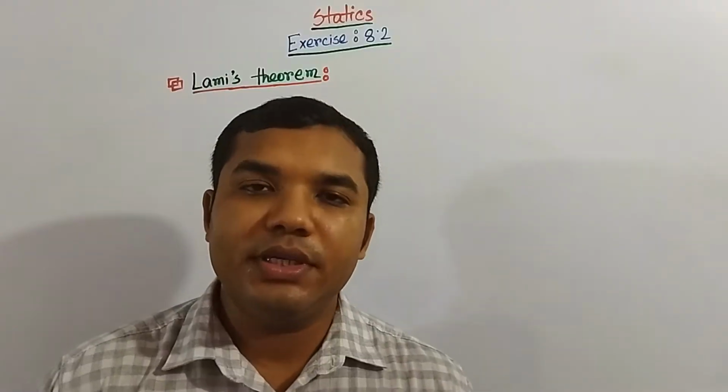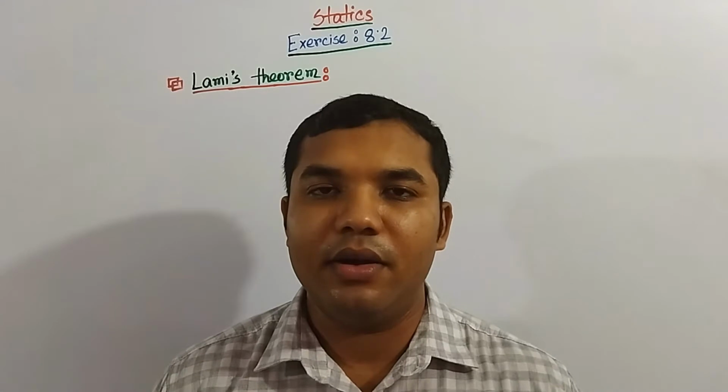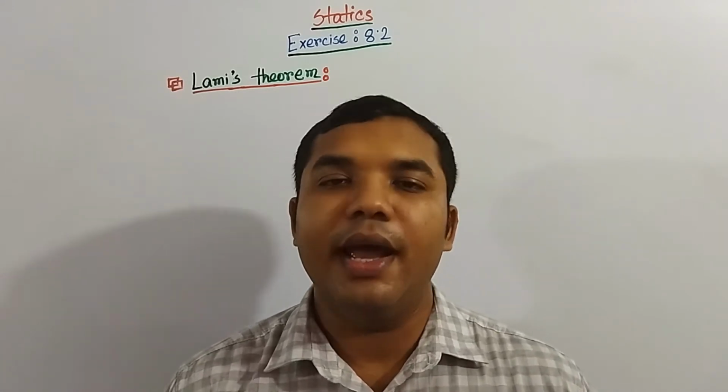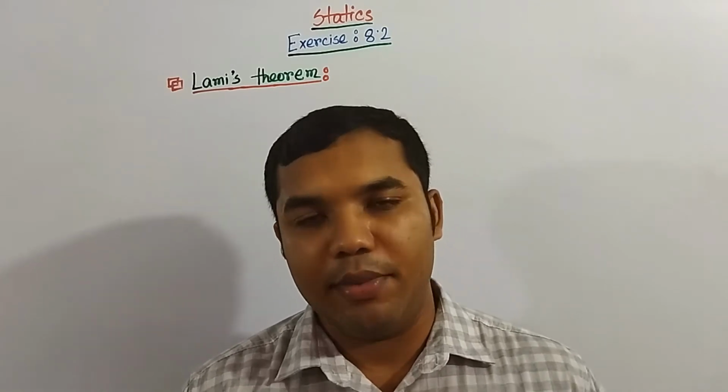Let's have a look at today's class. So dear students, according to our lesson plan, today we are going to discuss some basic parts of 8.2, and first we will mainly go to understand Lami's theorem.